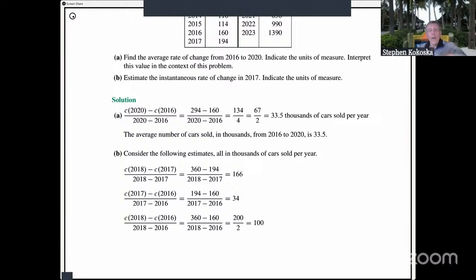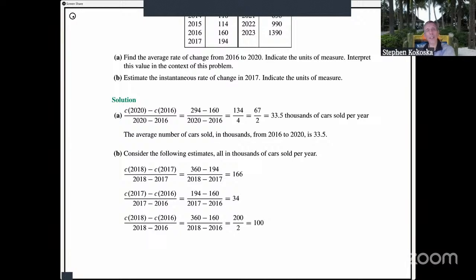Well, what if we went a little bit to the right and a little bit to the left? What if we took a look at the secant line between 2016 and 2018? Well, now this time, we've got an estimate of 100. 3 very different estimates of what F prime is equal to.